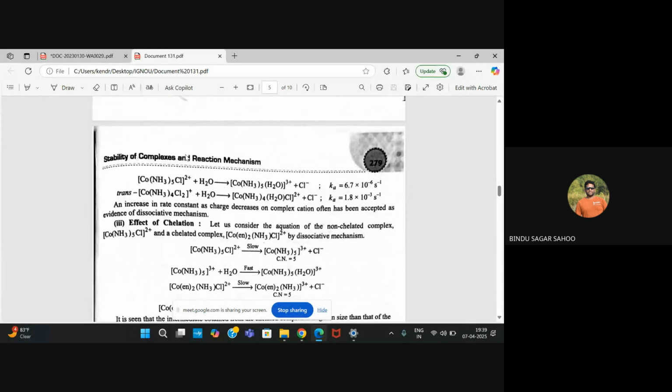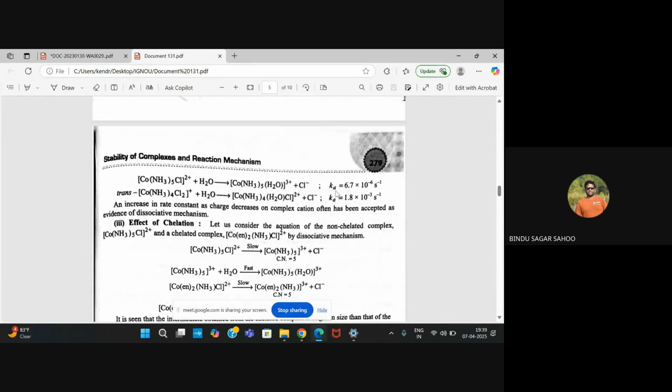In this complex the charge is 2 plus, and in this complex the charge is 1 plus. Out of these two complexes, in which complex is the charge more? This one. That means when the charge is more, the breaking between cobalt and chlorine will be more difficult.